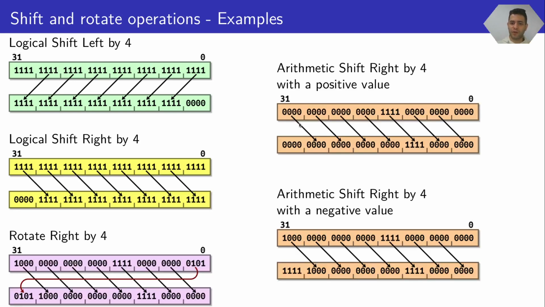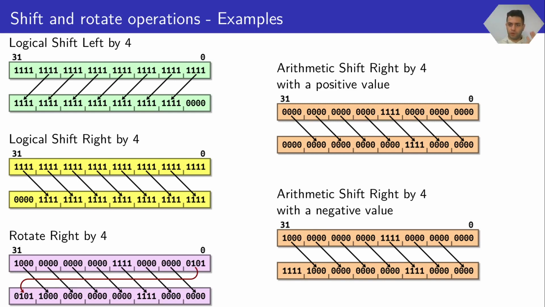So in this case, when we are dealing with a positive number, we are just maintaining the 0 because this is a positive value. Instead, in this case, the most significant bit is set to 1, so this is a negative value, and so we need to still keep track of the fact that this is a negative number.